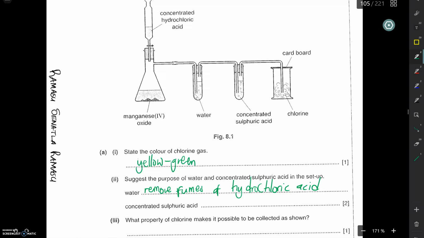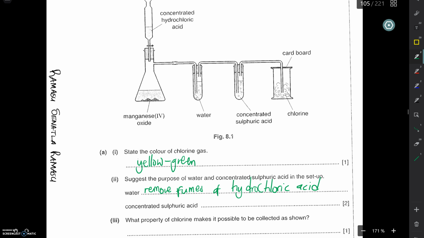Because this concentrated hydrochloric acid will give off some fumes that will go into the delivery tube and into the water, right?